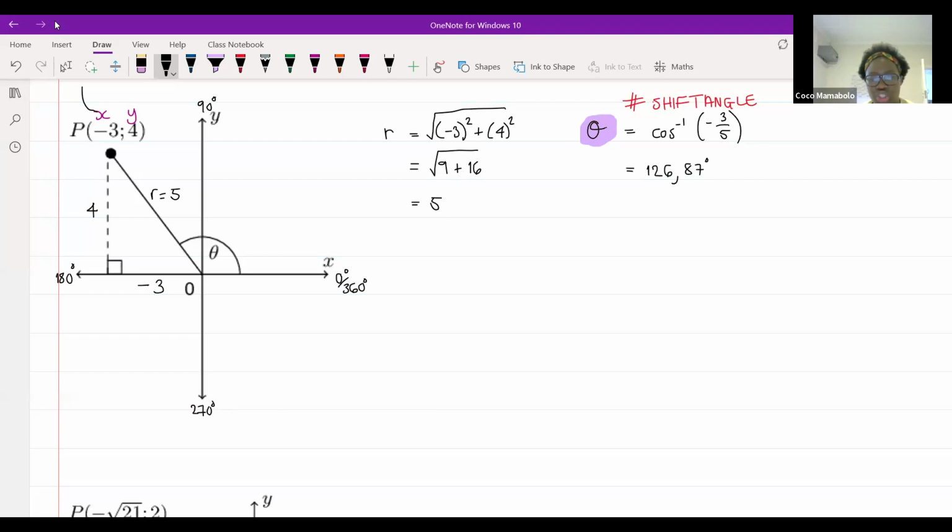Is it just 126.9, no other decimals? Yes, ma'am. Okay, it might be a setting on your calculator, but we can talk about that in just a bit. Your answers are still going to be correct, but we do need to check why your calculator is rounding off for you.